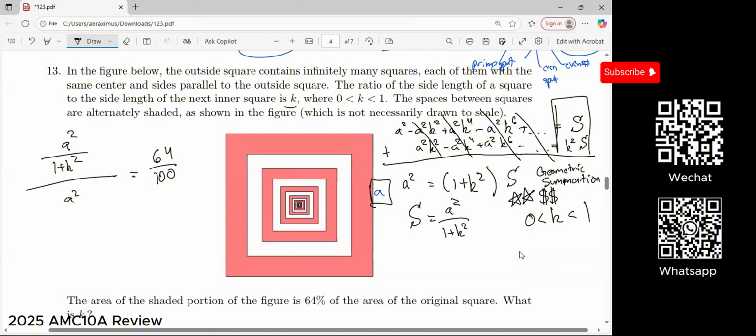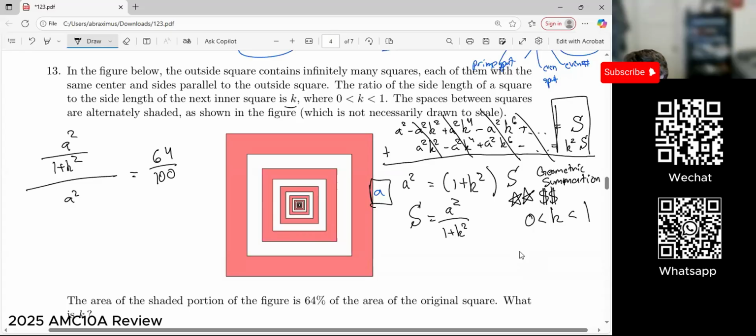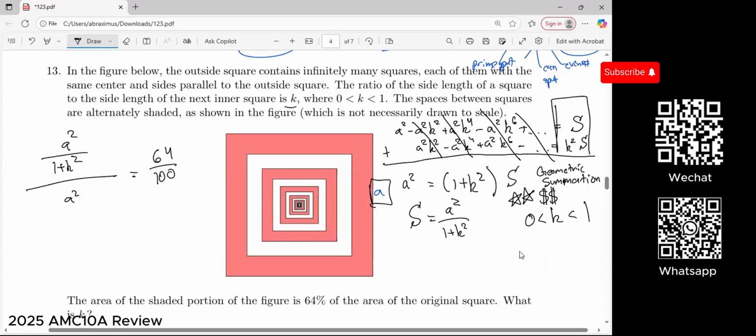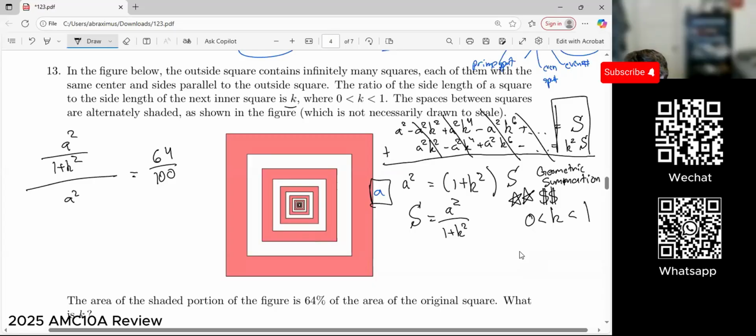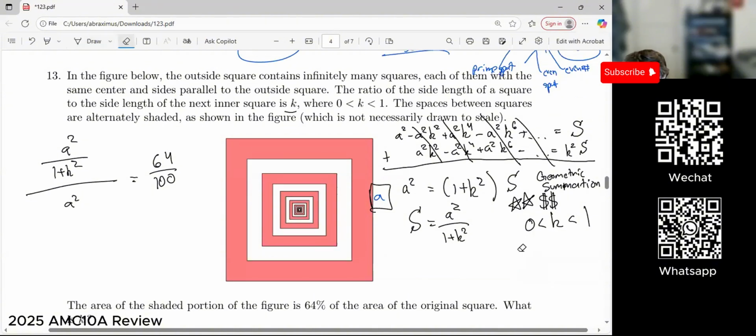Any other questions before I keep going? We have a plus 1 because we are adding the right side as well as the left side. So s plus k squared s is 1 plus k squared s. Awesome. So now we take the ratio of a squared over 1 plus k squared over a squared.